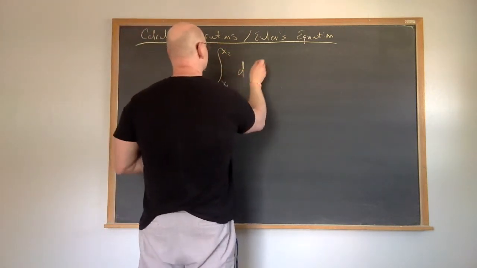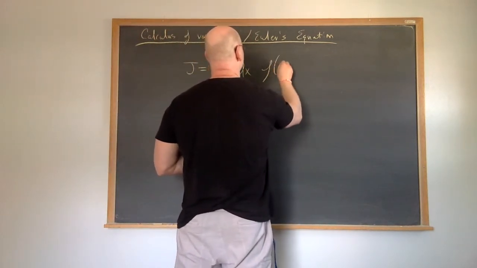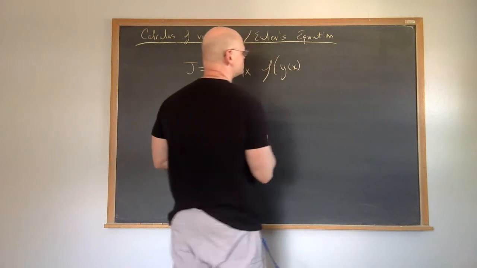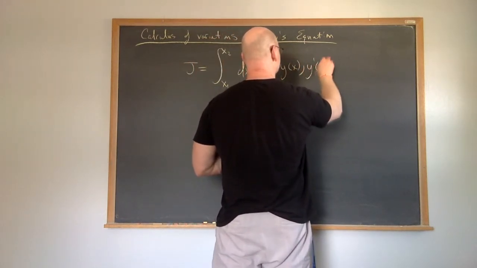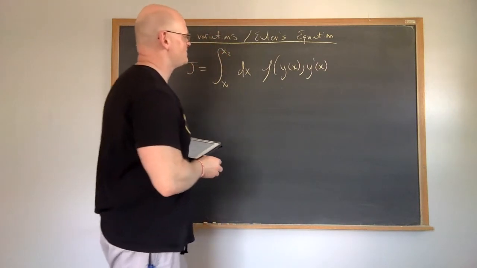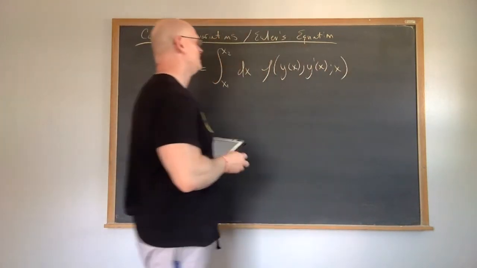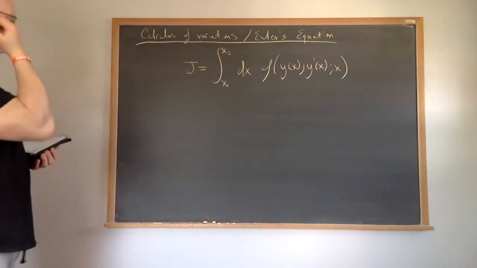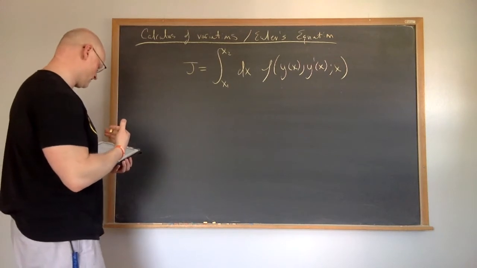This is defined as the integral of some function f, which depends on y, which is a function of x, also depends on y prime, which is the first derivative of y with respect to x, and depends on x itself. Okay. So this is what we want to extremize, i.e. we want to find either a maximum value or a minimum value of this function.